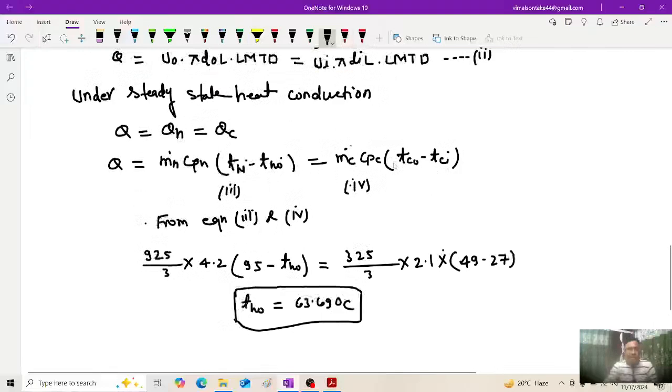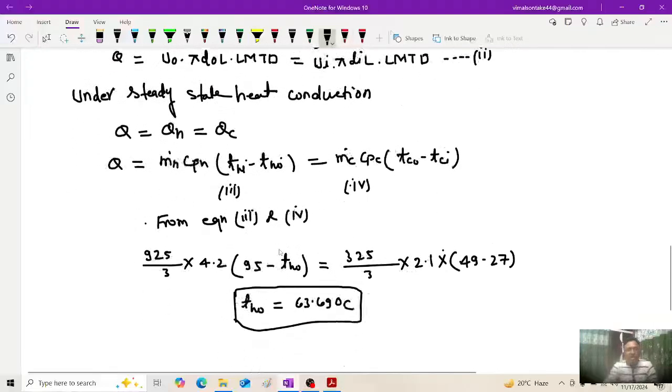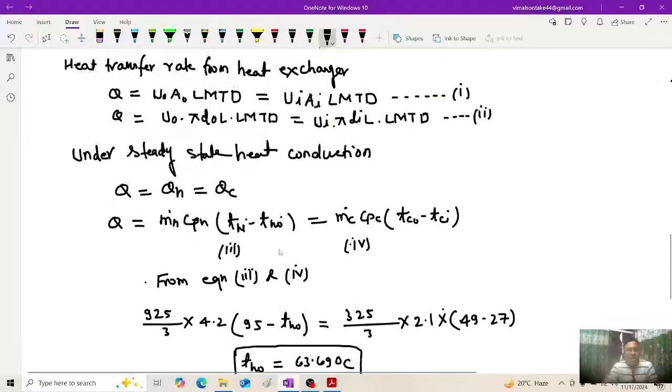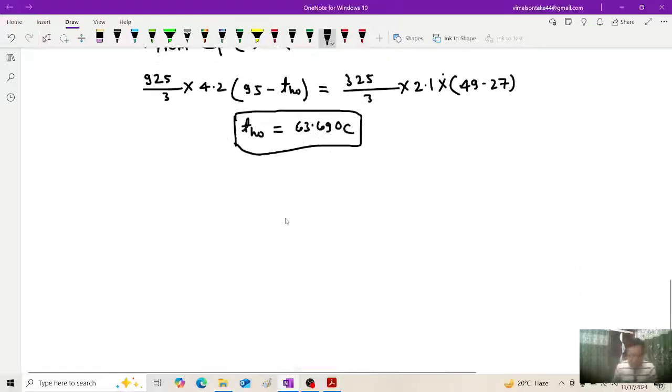Now all the four temperatures are known to me. So using either equation 3 or equation 4, I can calculate the rate of heat transfer, because in equation 1 or equation 2, I may require the value of Q to calculate the value of L. So let us calculate from either equation number 3 or 4.